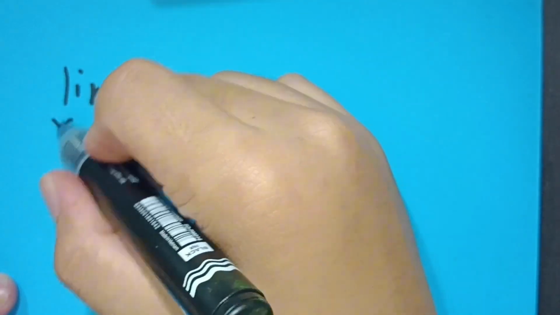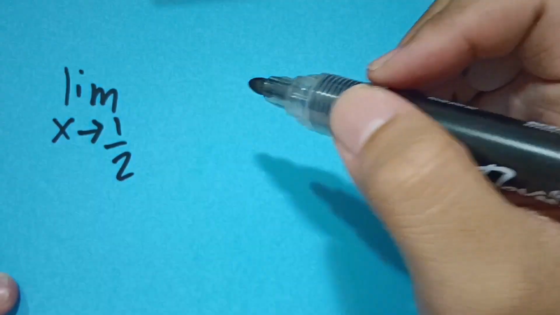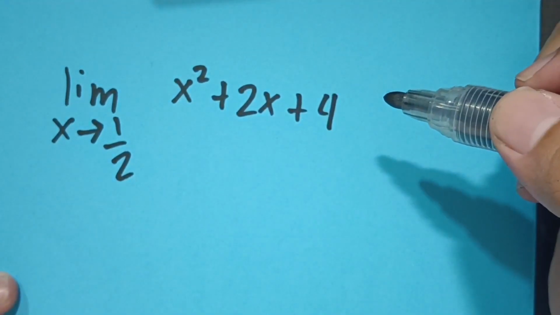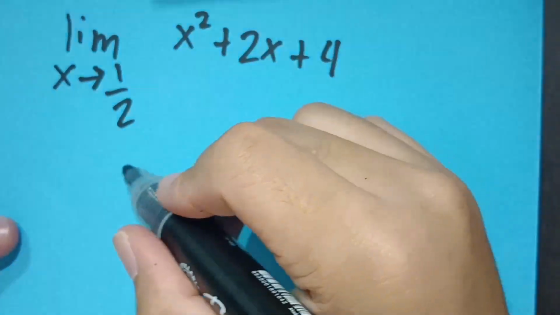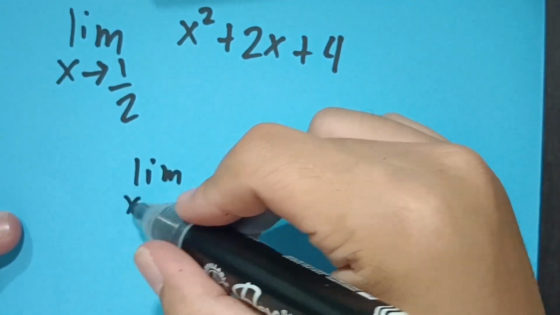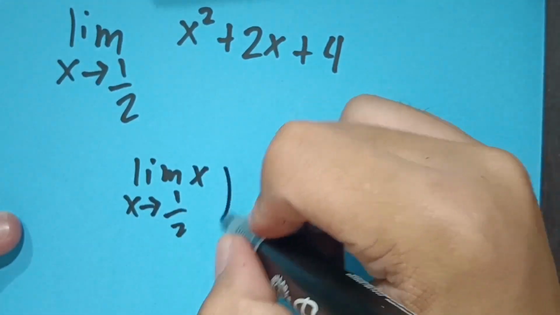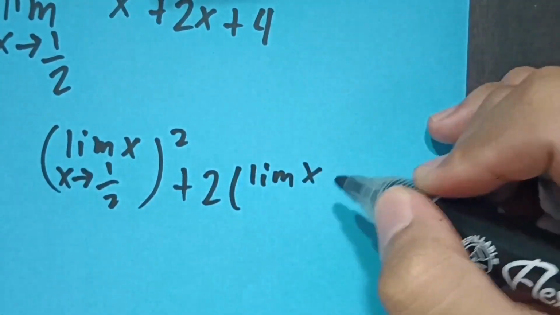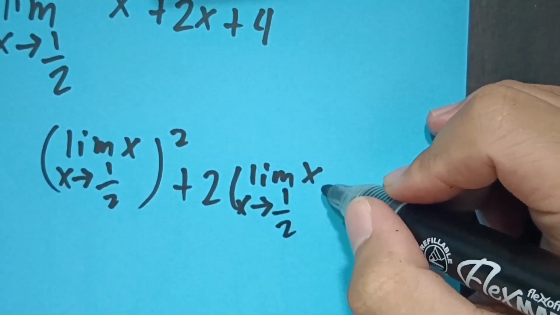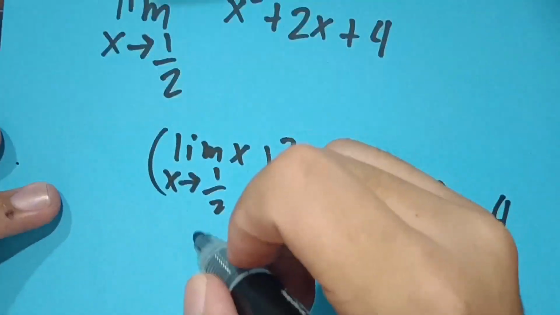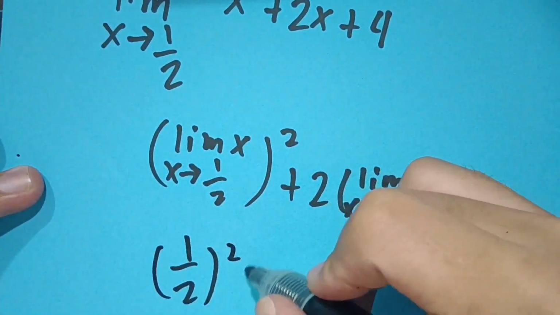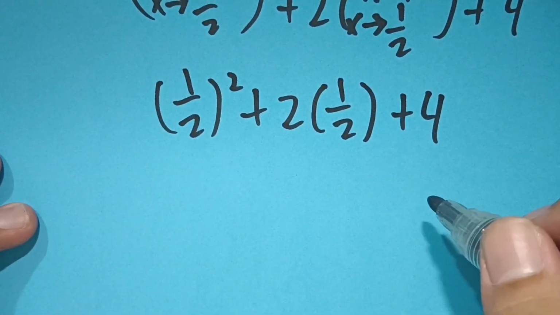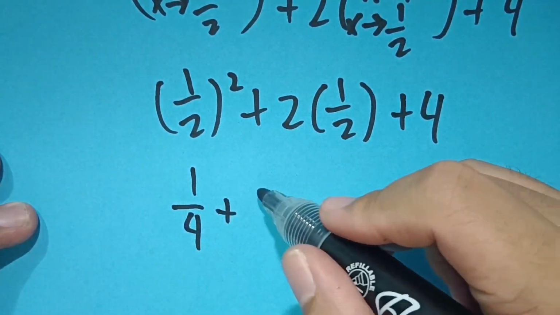So the last equation, the limit of x squared plus 2x plus 4 as x approaches 1/2, we use the limit laws. So 1 over 2 squared plus 2 times 1 over 2 plus 4.